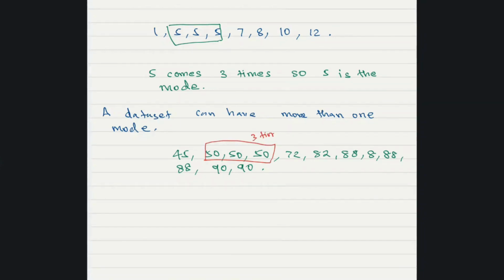In this data set, 50 appears three times and 88 appears three times. So here 50 and 88 are the mode values. So here we can take 50 and 88 as mode.